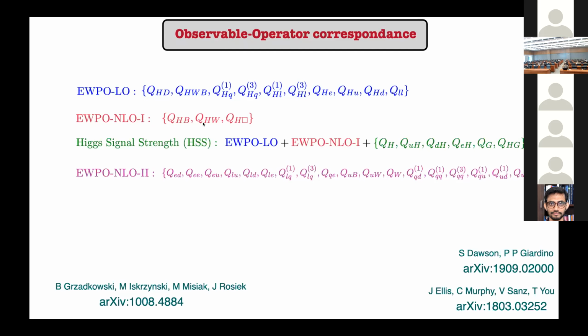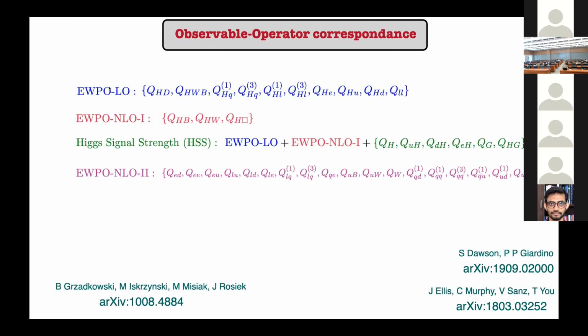So categorically these three operators are part of this NLO, and certainly also these operators. But the Higgs signal strength actually contains these three operators, not all of those. And on top of that, we have these operators. So now you have different UV theories you consider, and then you bring them down to the electroweak scale, and then you find the set of operators.